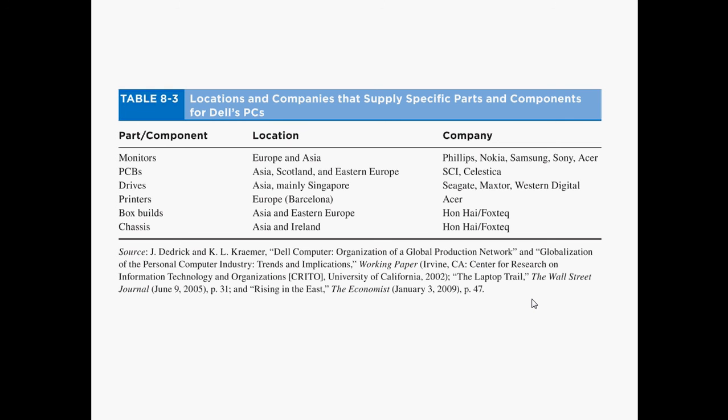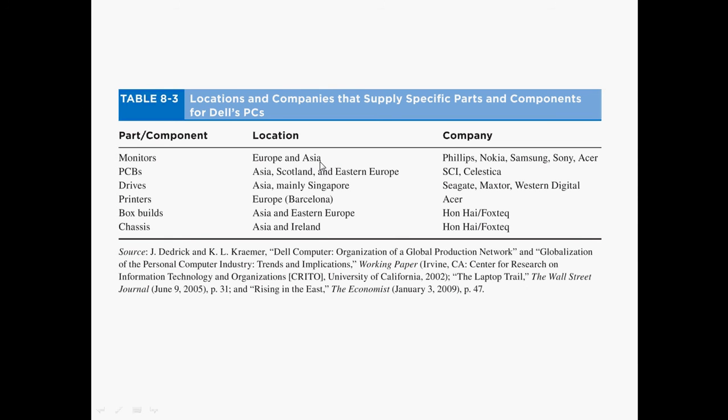This table is just to drive home how extensive supply chains can be. So this is for Dell PCs. They've got monitors, PCBs, I don't even remember what that stands for, but drives, printers, box builds, chassis, all parts of the Dell computer.